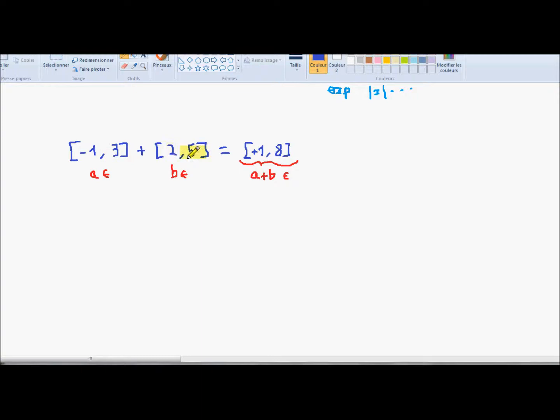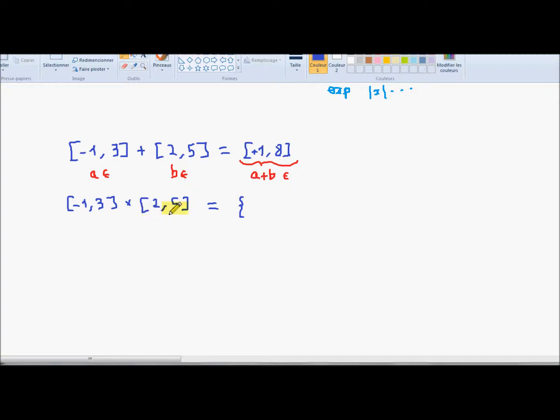What about the multiplication? I take the same interval, [-1, 3], multiplied by [2, 5]. What does that mean? If A belongs to this and B belongs to this, what can I say about the multiplication? I can reach, for instance, A equal to -1 and B equal to 2, and I will obtain -2.